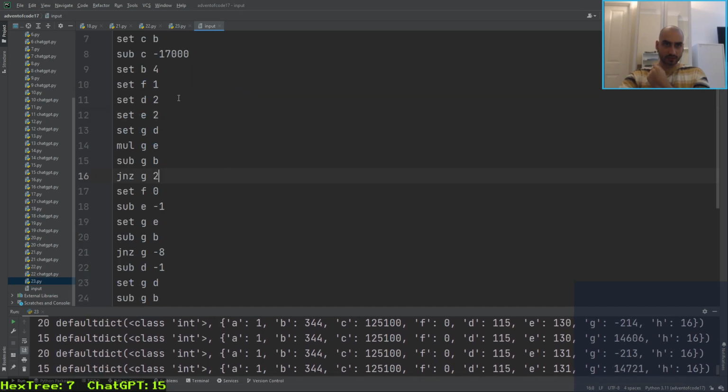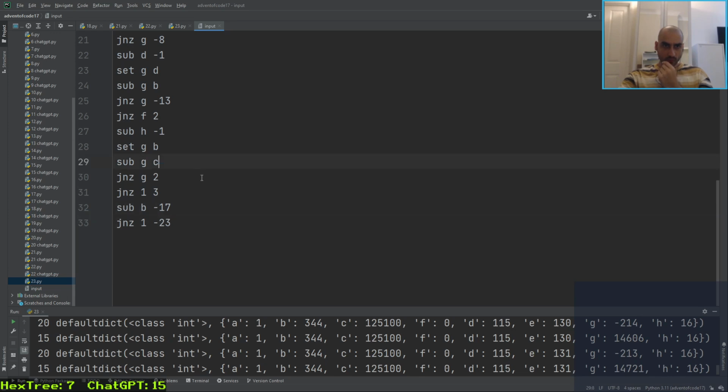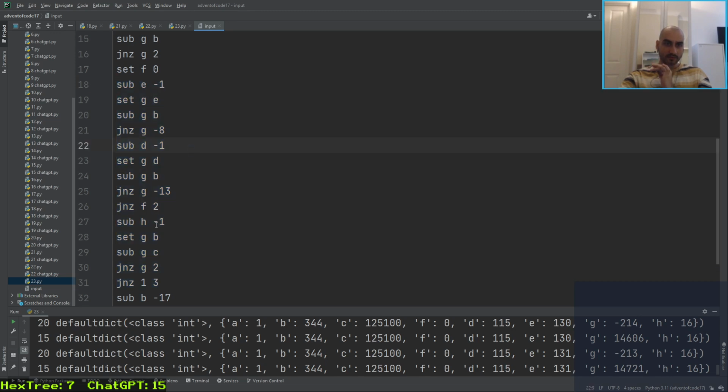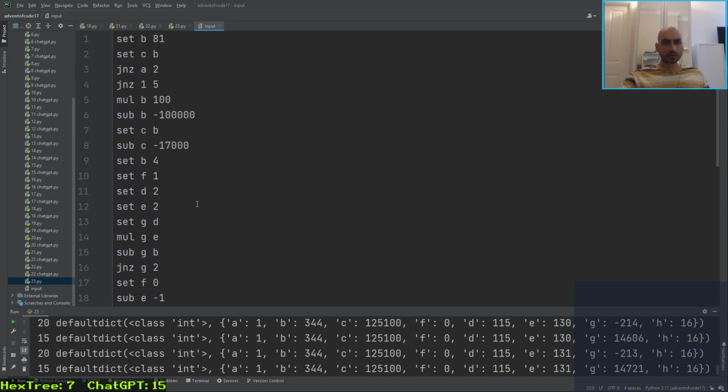Is that reasoning correct? So when B is 4, whatever happens here doesn't really matter because it's just changing. Oh, but what about sub B minus 17? So we're adding 17. What? Oh, no, hang on, this is wrong then.